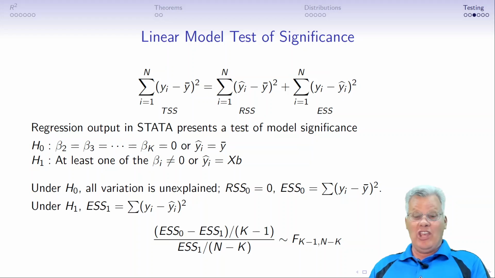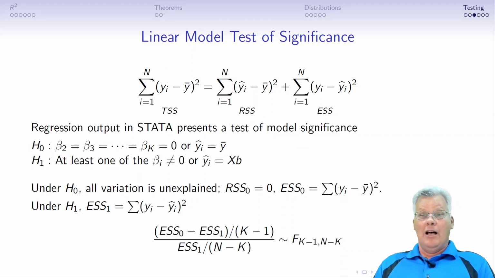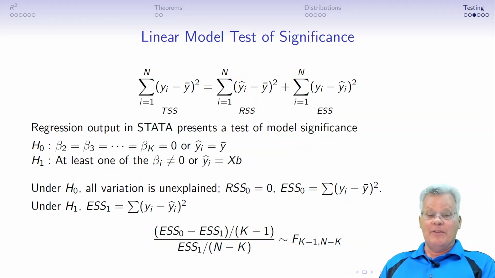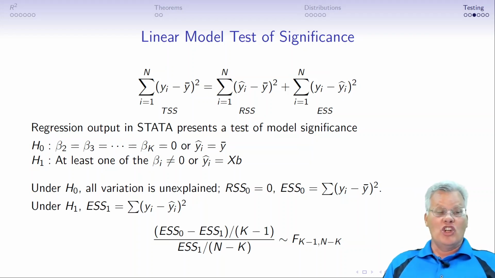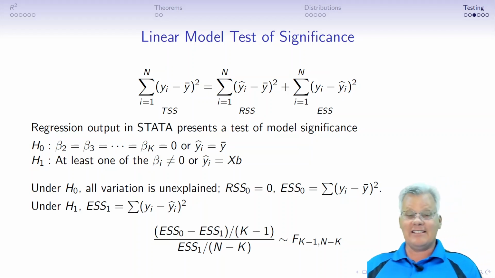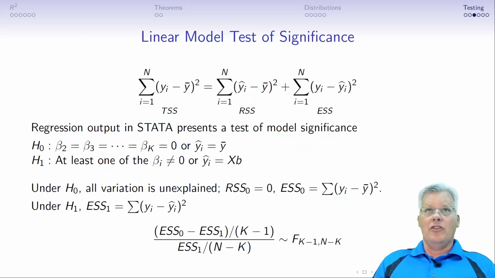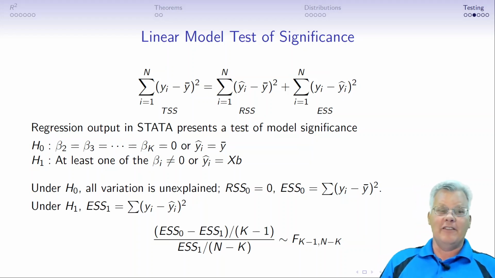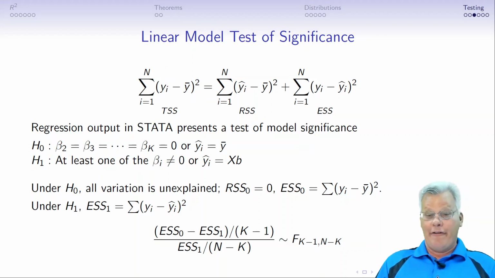So the numerator contains k minus 1 restrictions, and in the denominator, the error sum of squares if the regression equation has merit. So I have a full k parameters being estimated, and the degrees of freedom of the regression residual are now n minus k. So this statistic now is the ratio of two chi-square random variables, each divided by their respective degrees of freedom, and thus is distributed F.